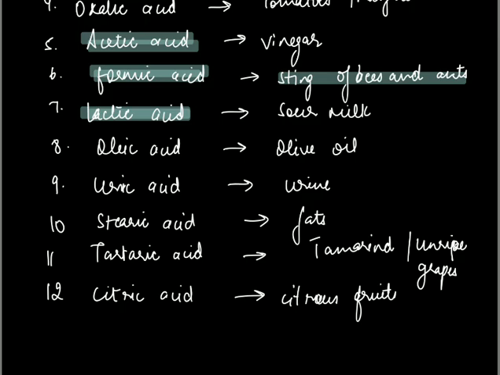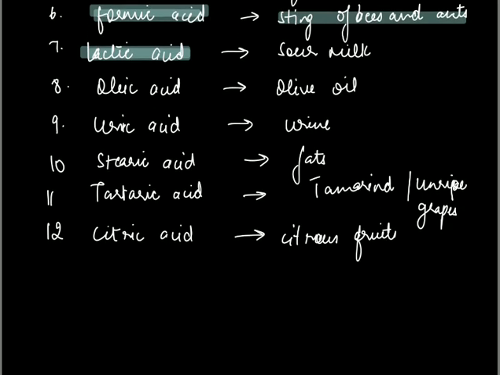We consume it, and it is not strongly acidic, but slightly. Then benzoic acid, one we didn't mention. The source we are not going to talk about, but benzoic acid is very much used as a preservative.